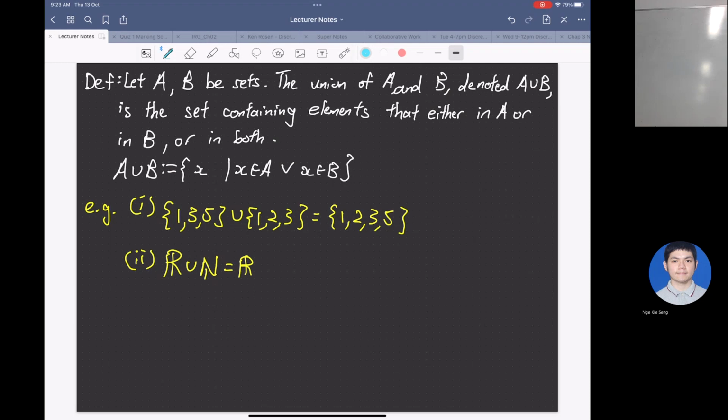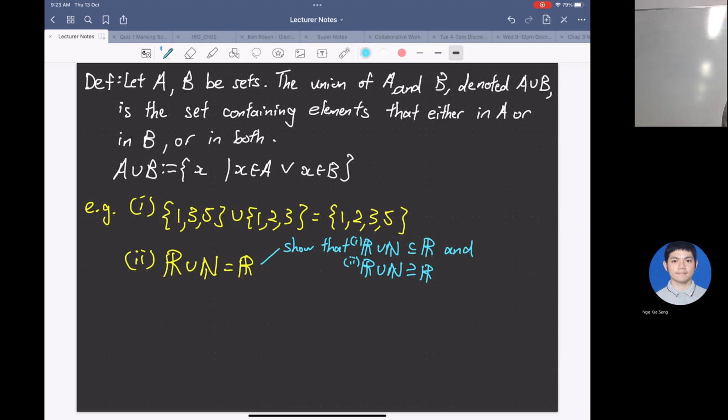To show that two sets are equal, you need to show that one set is a subset of the other. So for example, let's show the first one.